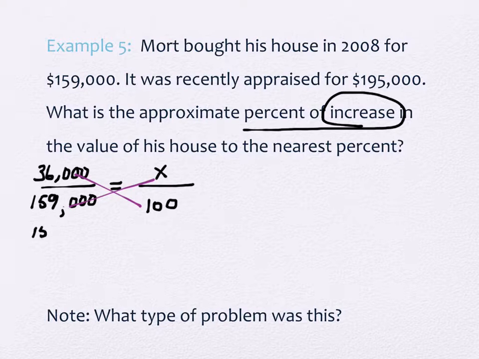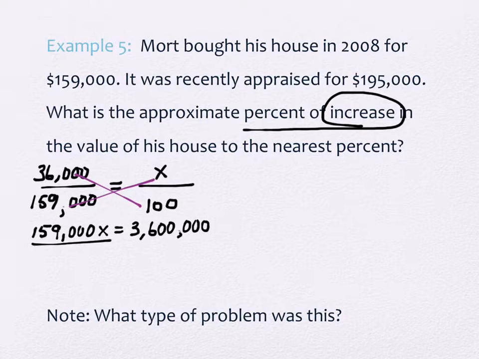I have 159,000 times X equals, and this actually gives me 3,600,000 on the other side. And we would divide by the 159,000.